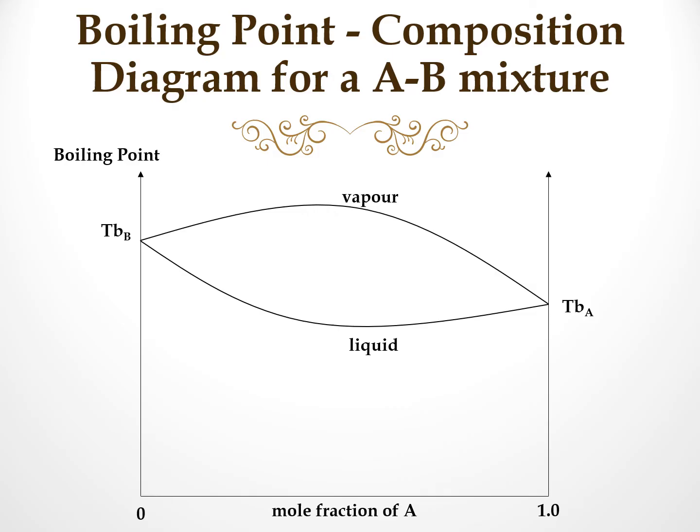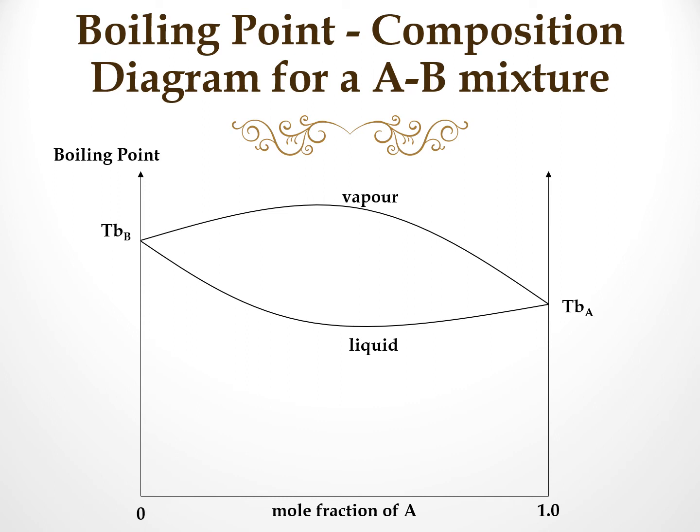Now let's look at the boiling point composition diagram for the mixtures. For the y-axis we have boiling point, and the x-axis is the mole fraction of A. Then there are two curves on the graph.